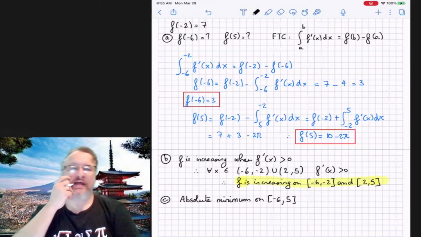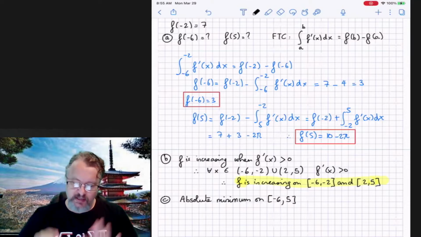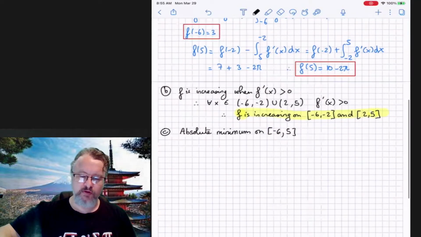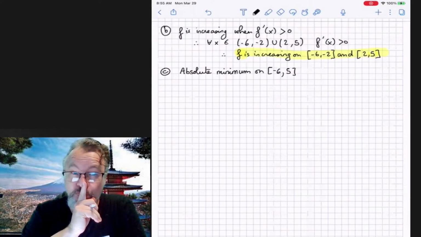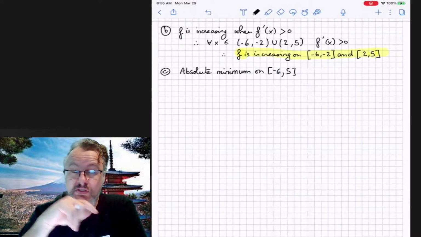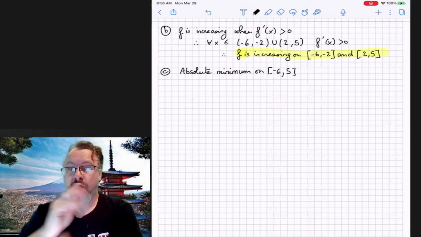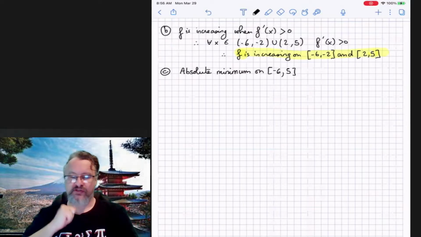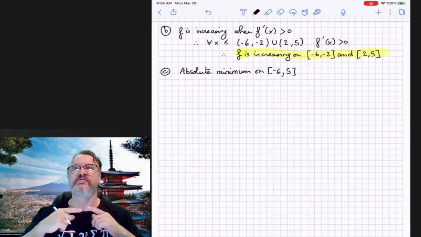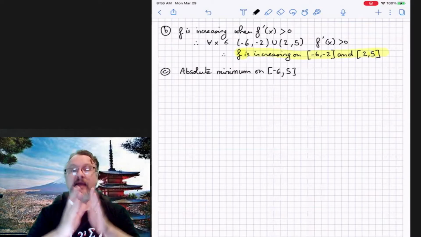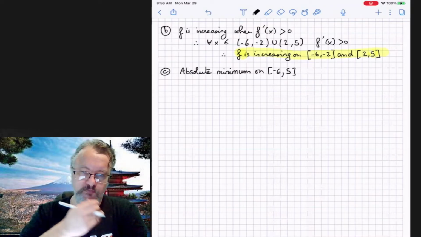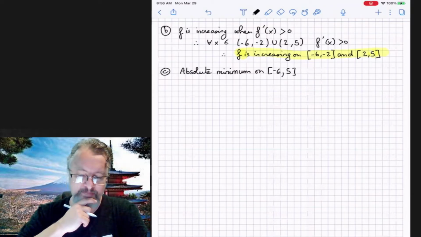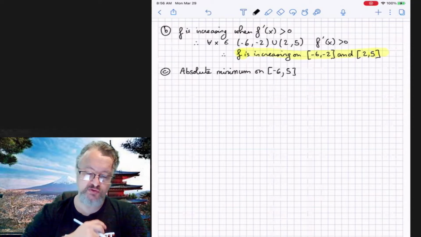So let's talk about absolute minimum or absolute maximum. Okay, they happen either when the first derivative is equal to 0 or at the boundaries. So, the critical point, I shouldn't say just the first derivative equals 0. The critical point or the boundaries. So what are our candidates for the absolute minimum?